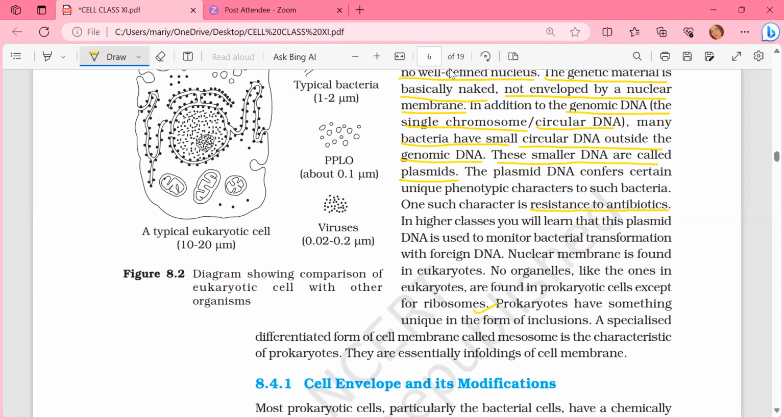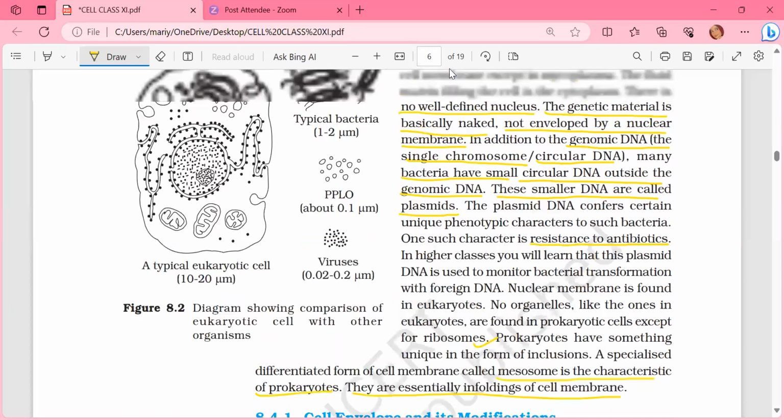Prokaryotes have something unique in the form of inclusion bodies. Then a specialized differentiated form of a cell membrane called the mesosome is the characteristic feature of prokaryotes. They are essentially infoldings of the cell membrane. Mesosomes are basically the invagination of the cell membrane.